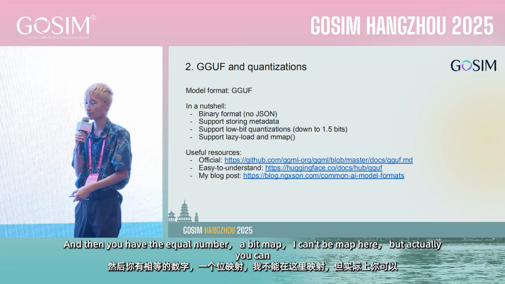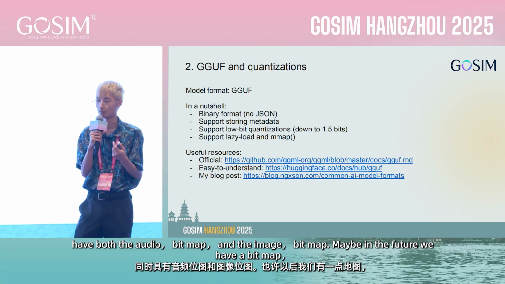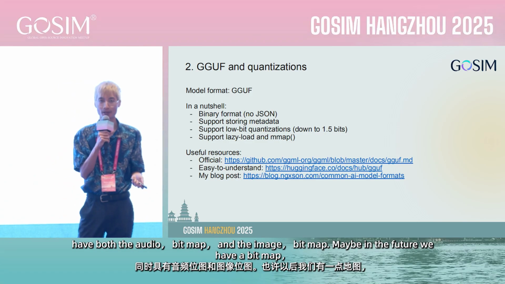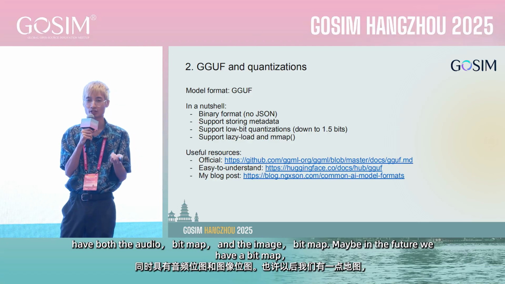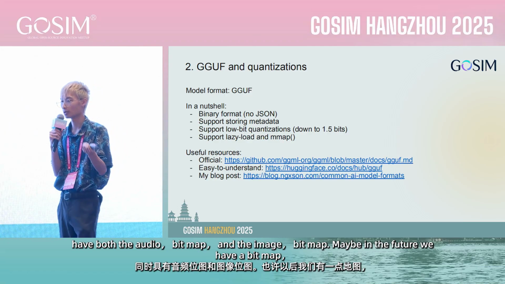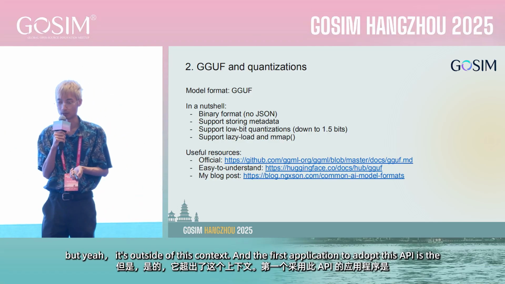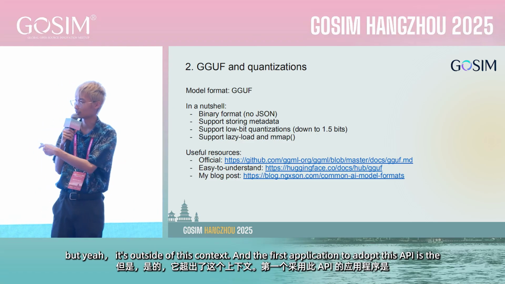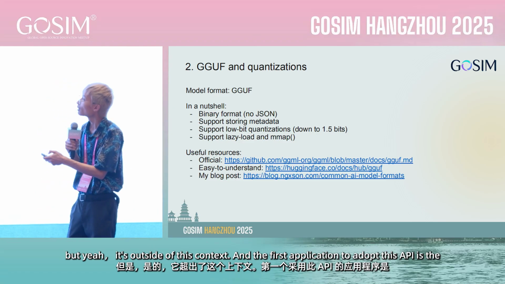I call them bitmaps here, but actually you can have both audio bitmaps and image bitmaps. Maybe in the future we have other kinds of bitmaps, but it's outside of this context.